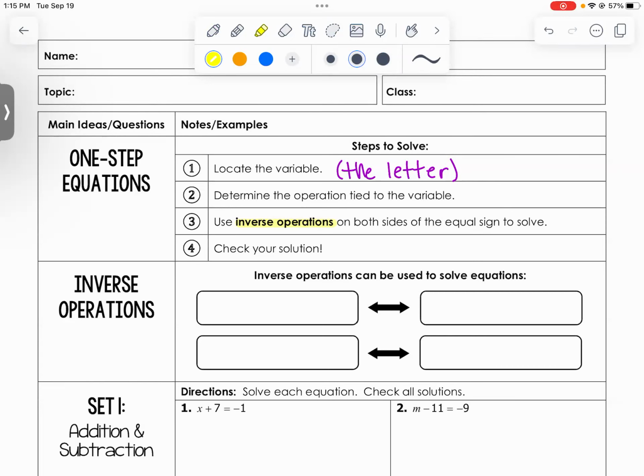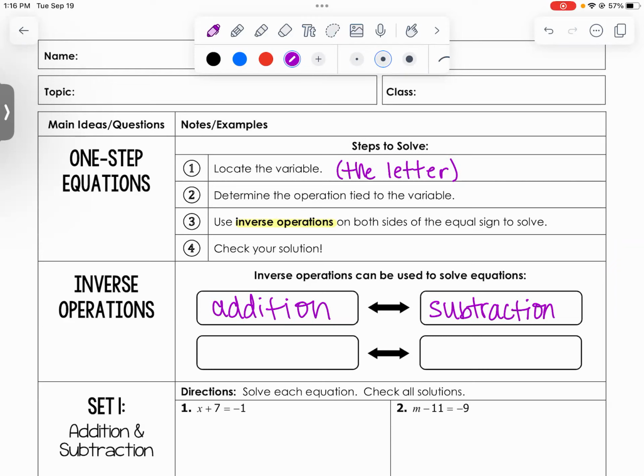Now, we are going to start out with two kinds of problems today. One of them, we are going to see addition inside of our equation. What is the inverse operation for addition? Subtraction. So if we have a number that is being added to our variable, we will undo it by using subtraction.